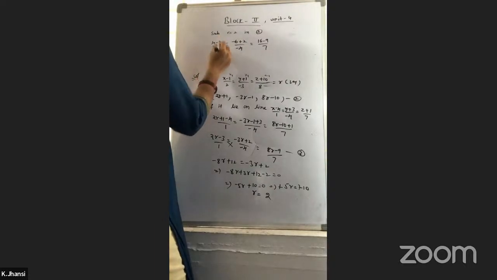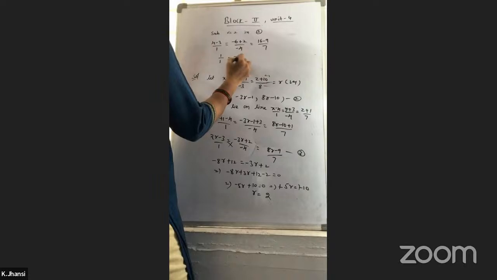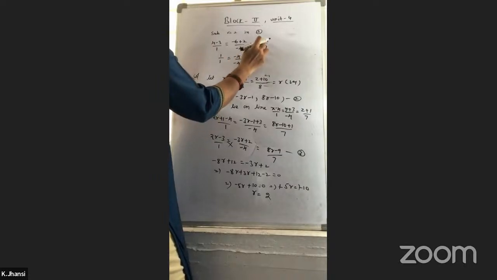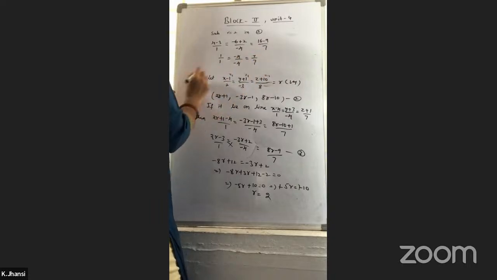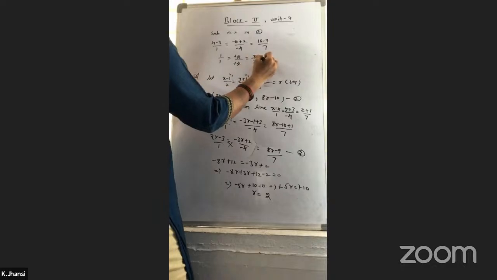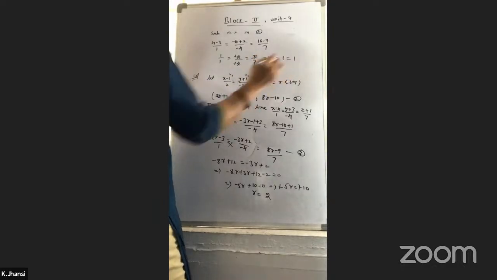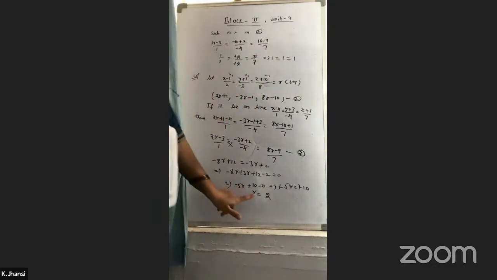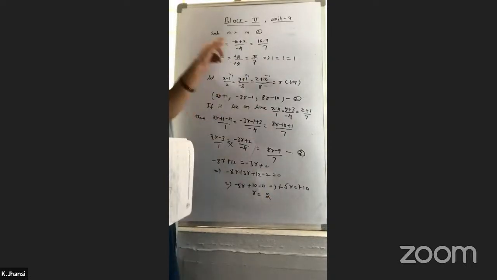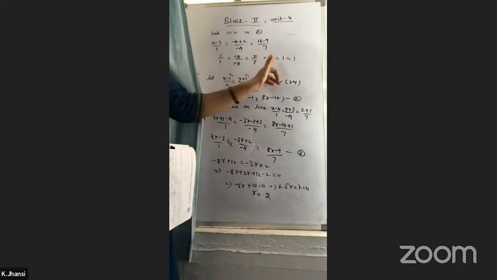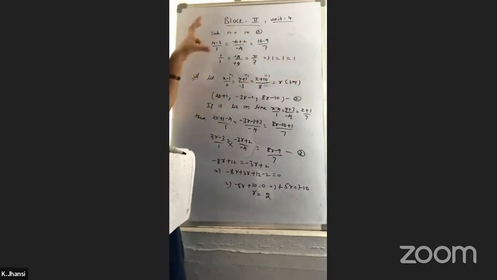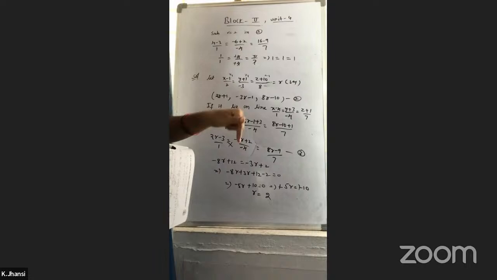So 4 minus 3 is 1 by 1, this is minus 4 by minus 4, and 16 minus 9 means you will get 7 by 7. Minus minus gets cancelled. Here you will get 1 equals 1 equals 1. So whatever R equals 2 value, when you substitute here, you're getting the same values. That means the two lines are coplanar to each other.